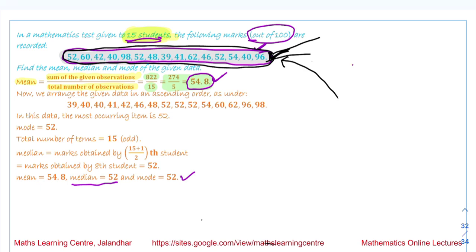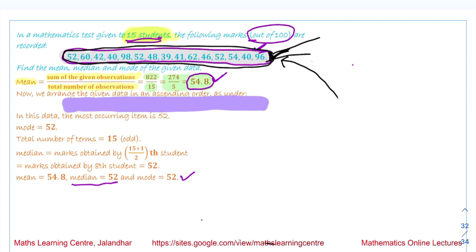Now in the next step, we are arranging these values in ascending order for mode and median. The most frequently occurring value is 52. So the mode over here is 52.